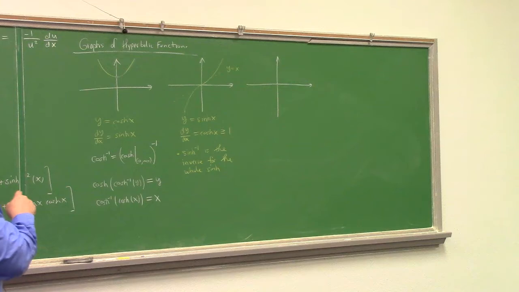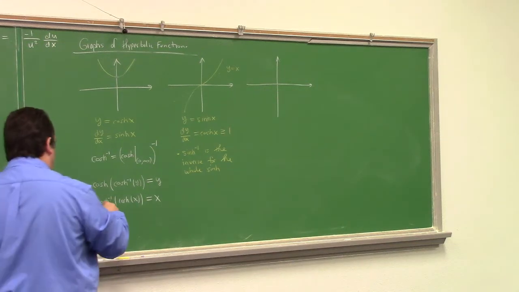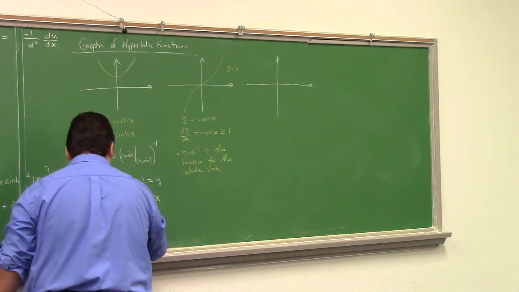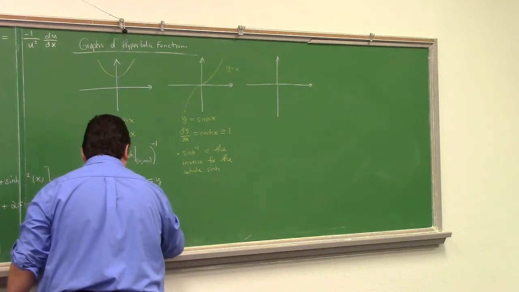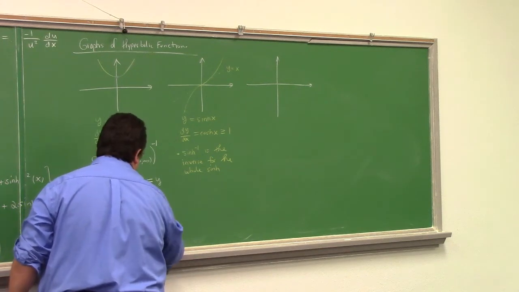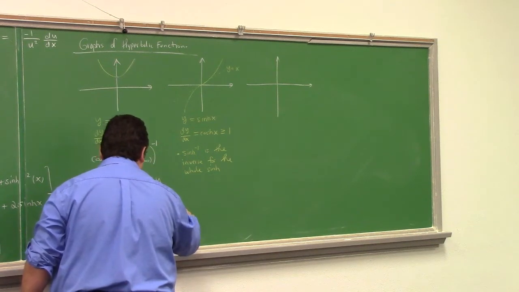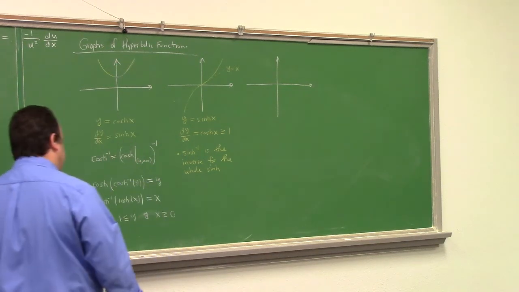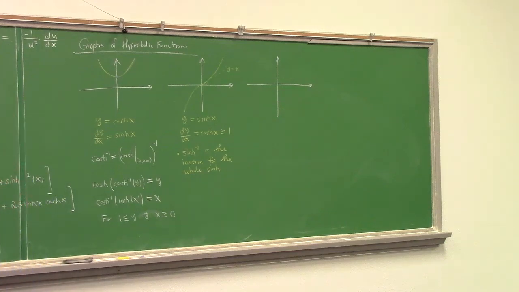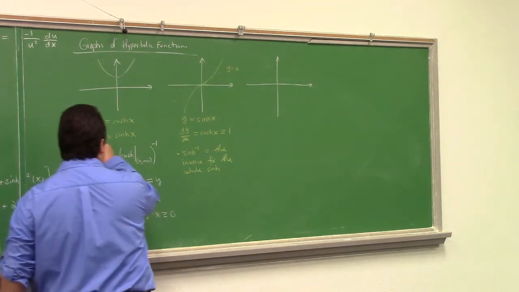So my point is that that's for 1 less than or equal to y less than infinity. You don't have to put the infinity there, and for x greater than or equal to 0. That's the extent of those identities.